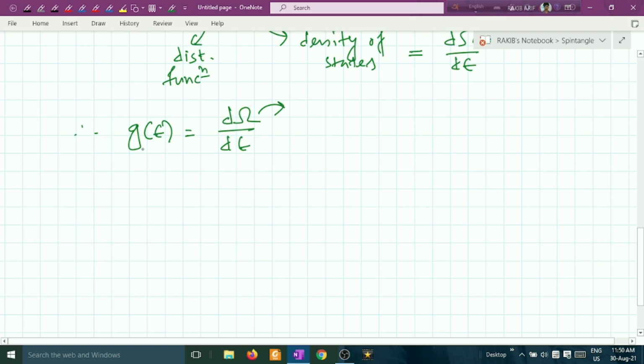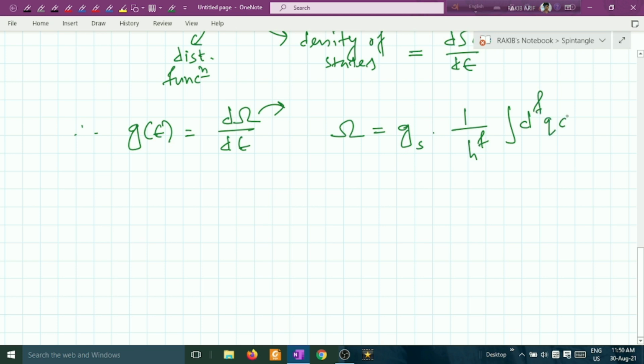Therefore, G(E) equals d omega upon dE, where omega is the number of microstates, the number of ways, the number of internal arrangements. Omega in case of a classical ideal gas is g_s times 1 upon h^f integration d^f q d^f p.